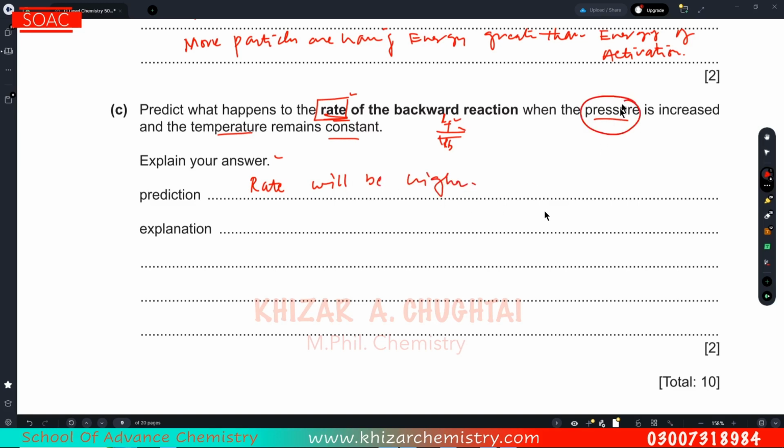In case of pressure, why is the rate higher? Pressure is inversely proportional to the volume. So higher the pressure, smaller the volume, and then more particles per unit volume.